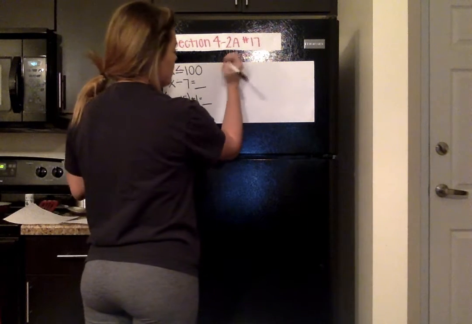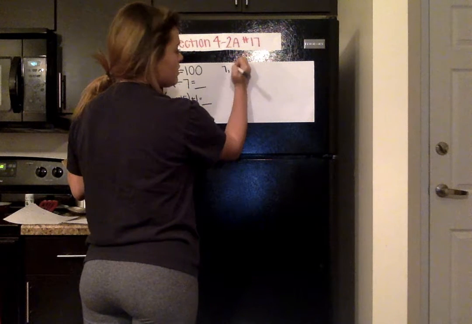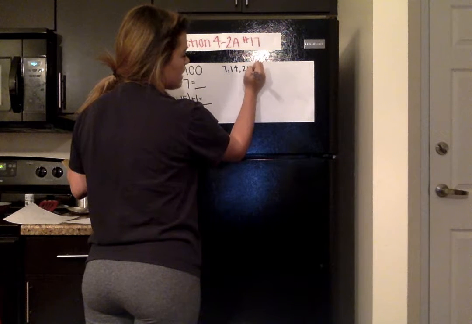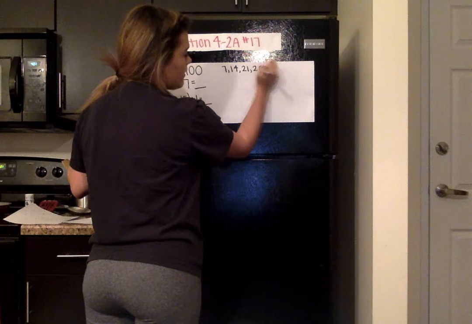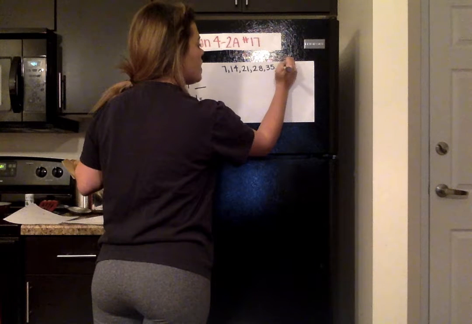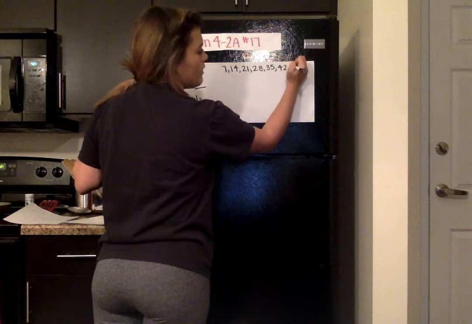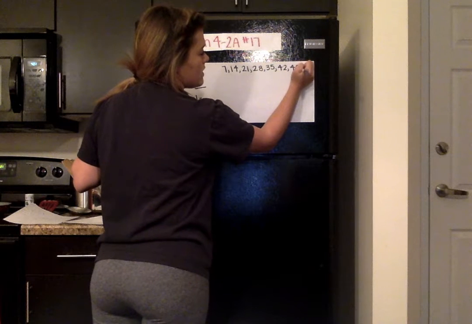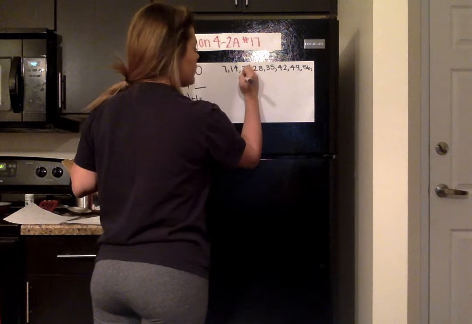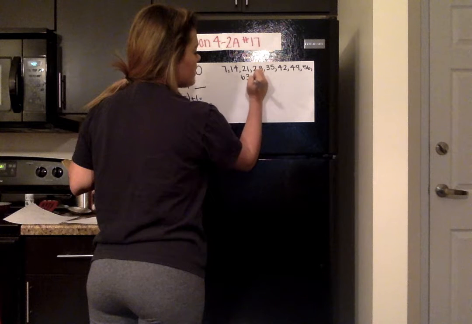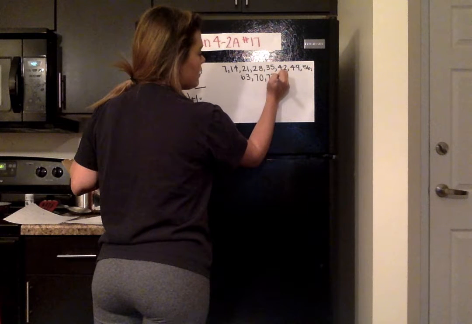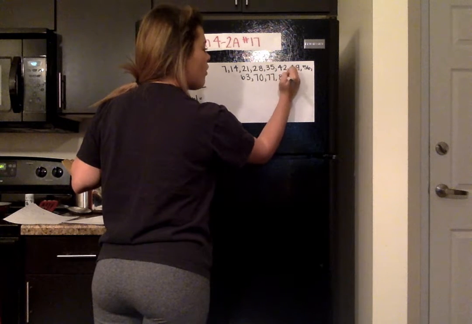7 times 1 is going to give us 7. 7 times 2 is going to give us 14. 7 times 3 will give us 21. 7 times 4 will give us 28. 7 times 5 is going to give us 35. 7 times 6 is going to give us 42. 7 times 7 will give us 49. 7 times 8 will give us 56. 7 times 9 is going to give us 63. 7 times 10 will give us 70. 7 times 11 will give us 77. 7 times 12 will give us 84.